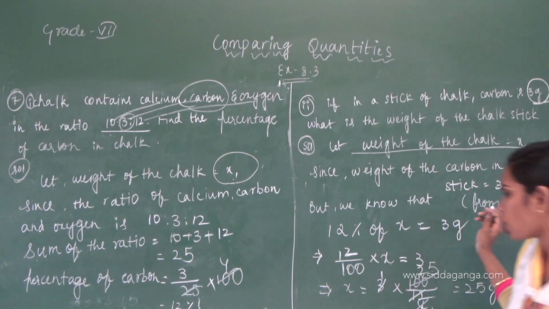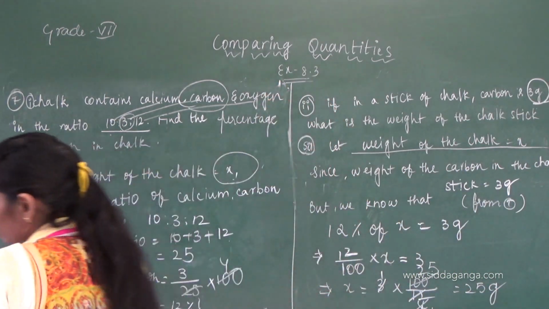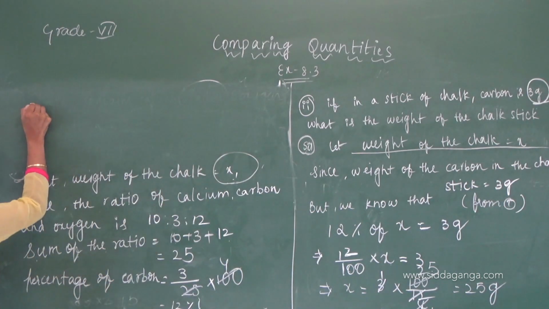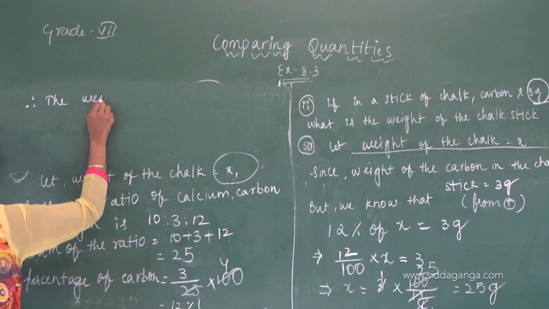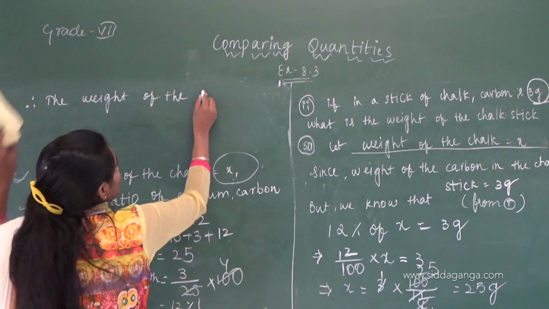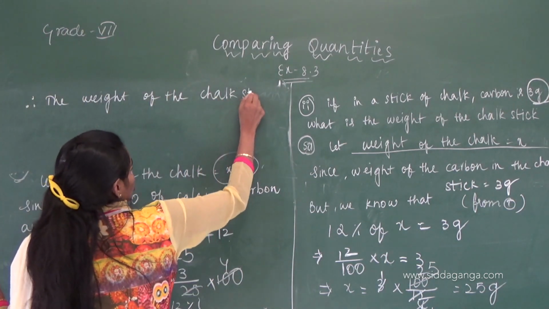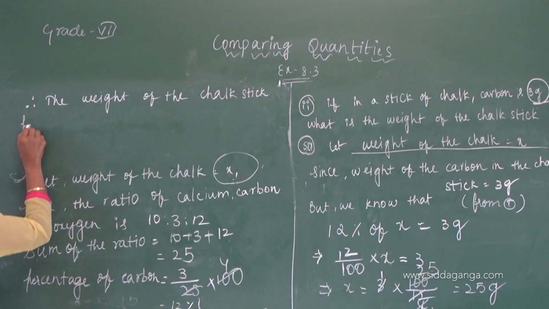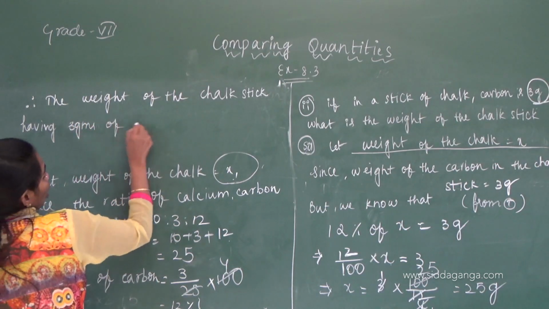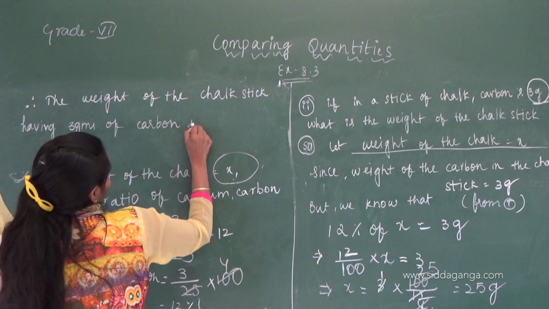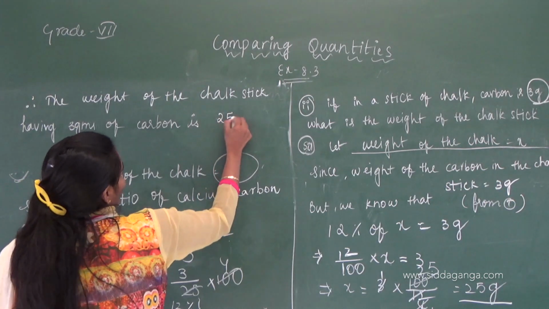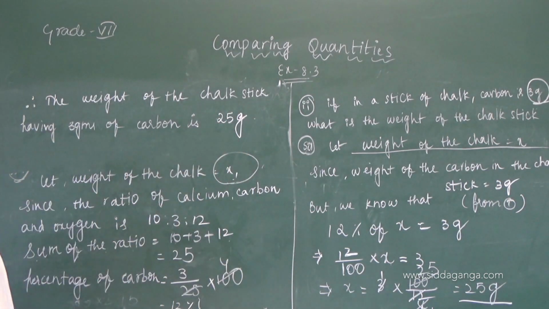Therefore, we have to write: the weight of the chalk stick having 3 grams of carbon is 25 grams.